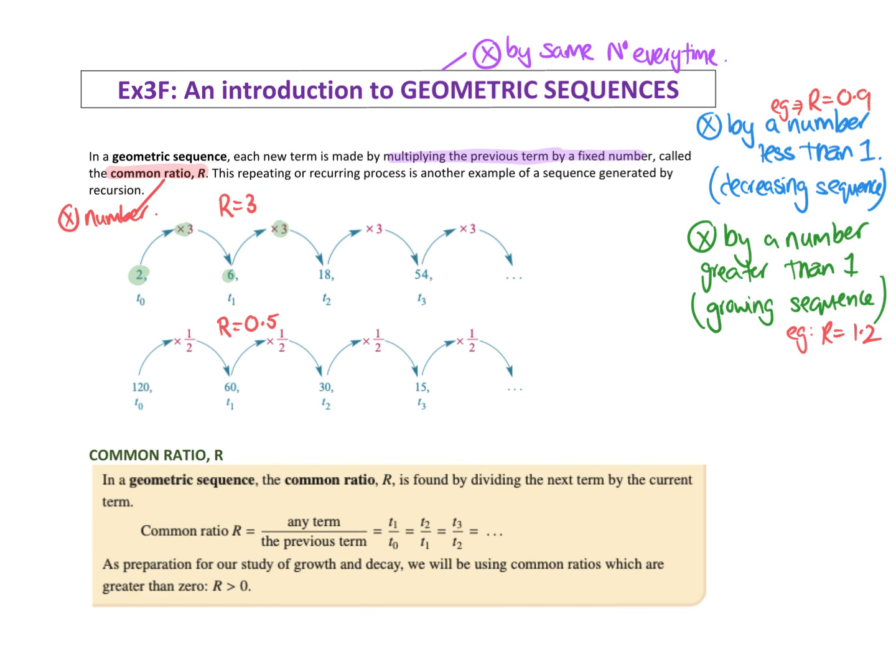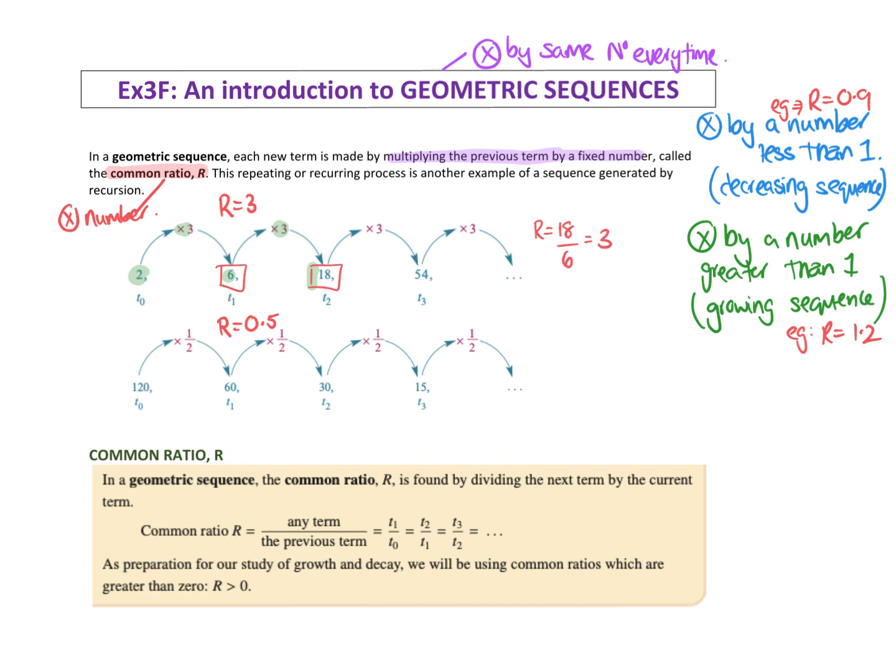Okay, so in a geometric sequence, if we want to find out what R is, you can take any term and divide it by the previous term. Let's have a little example here. If I took 18 and divided by the previous one, which is 6, R is 3.